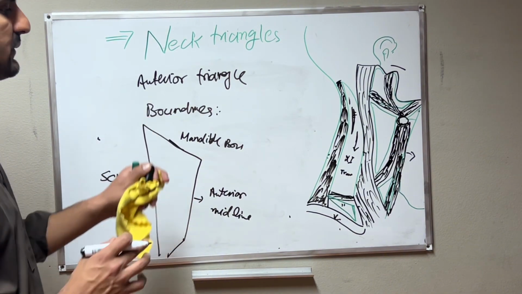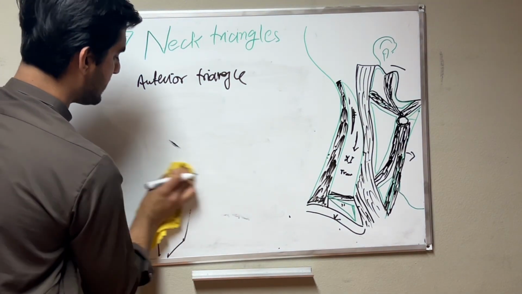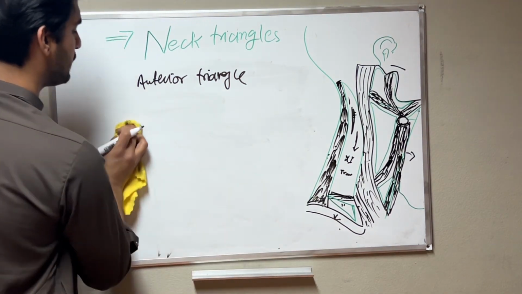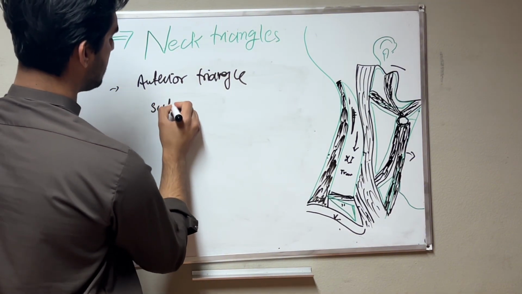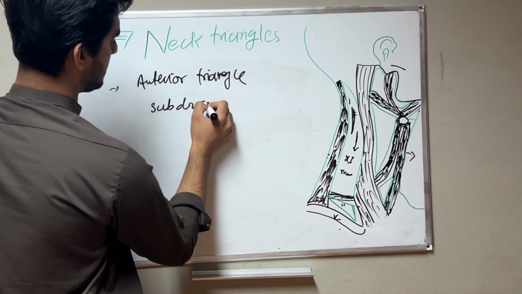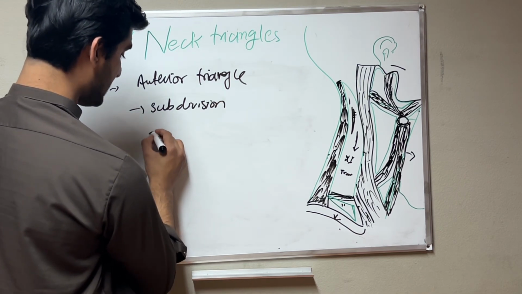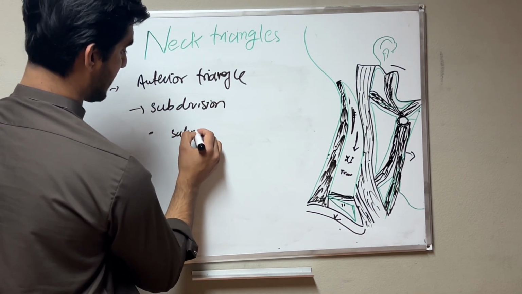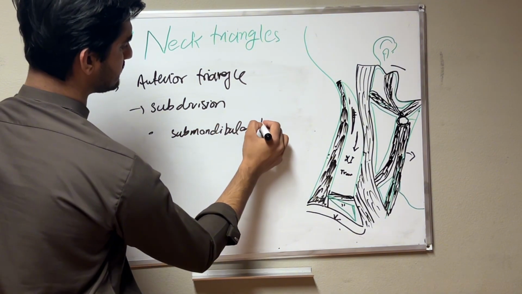Now we'll go to the subdivision of the anterior triangle. The anterior triangle is divided into four triangles. First, the submandibular triangle.